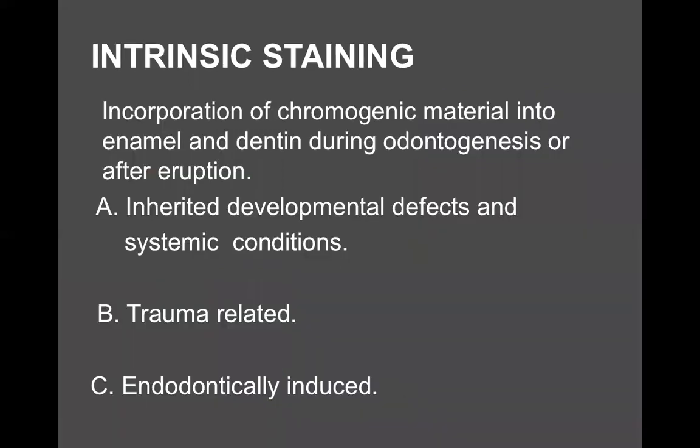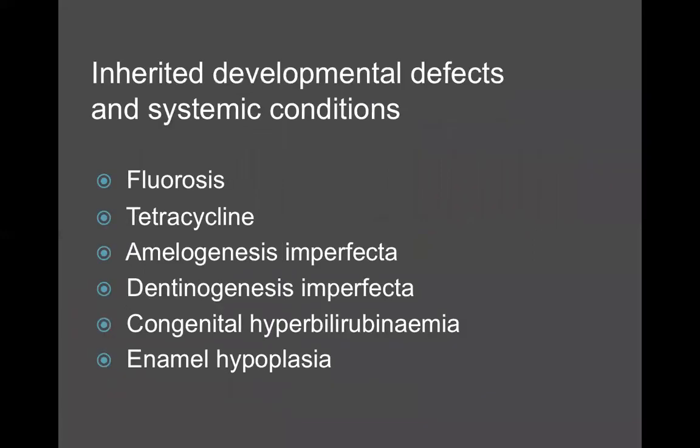seeking treatment. Intrinsic staining is incorporation of the colored material or the chromogenic material into the enamel and dentin during the formative process or during odontogenesis and after eruption. These are classified as inherited developmental defects and systemic conditions, or it is because of trauma, or it is because of endodontic treatment.